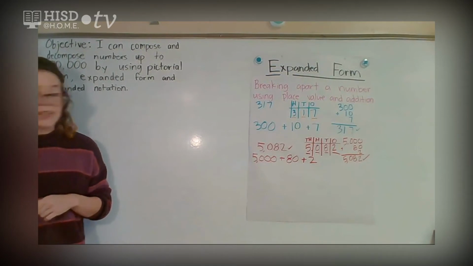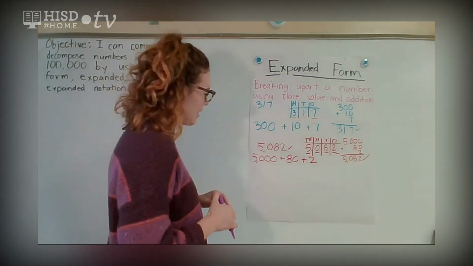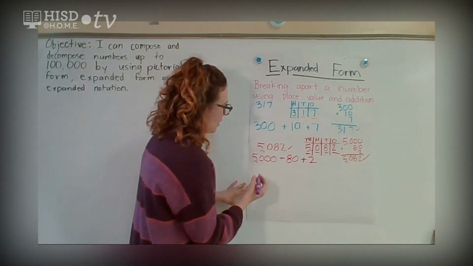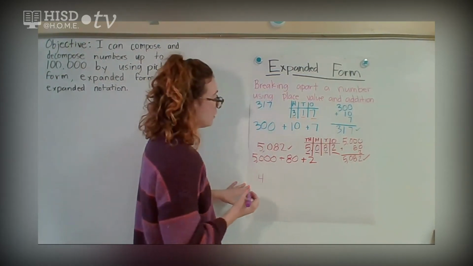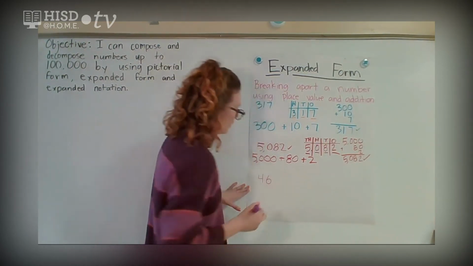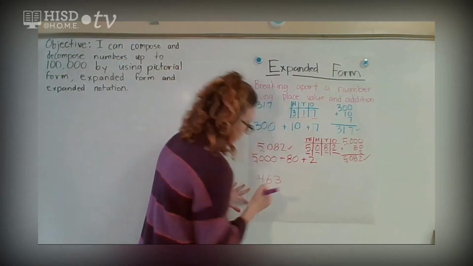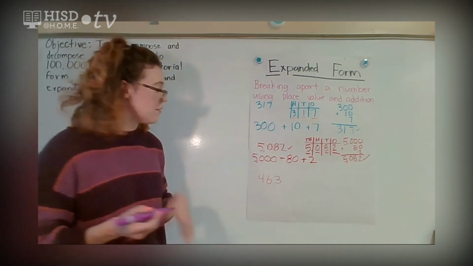Now I'm going to give you the opportunity to try. I'm going to give you a number. Let's say 463. I'm also going to help you put it in a place value chart.